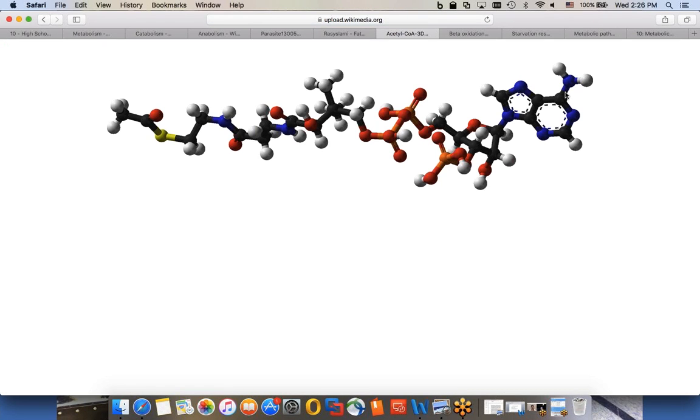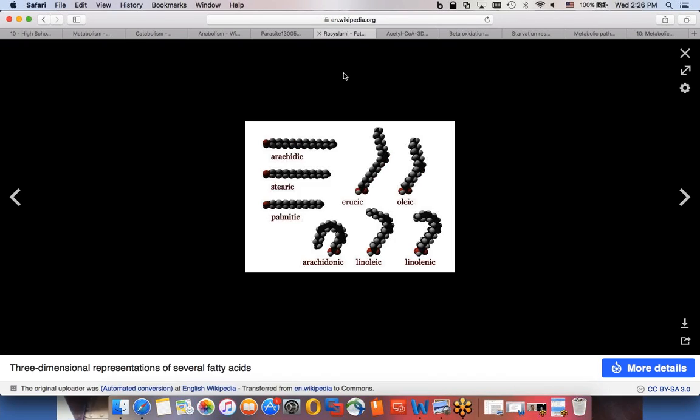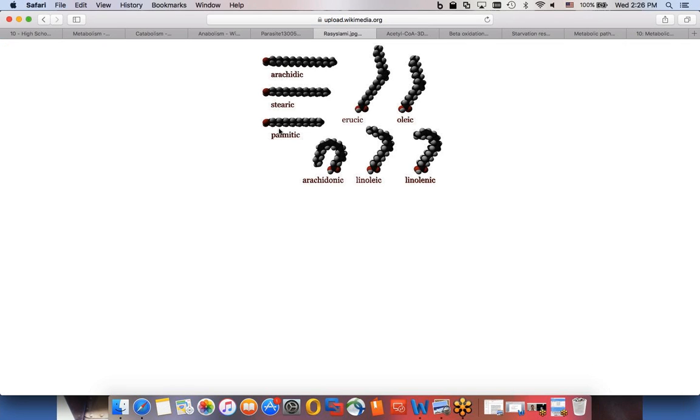So during the process of beta oxidation, what the body does is it breaks down the chains of carbon into just 2 carbons.